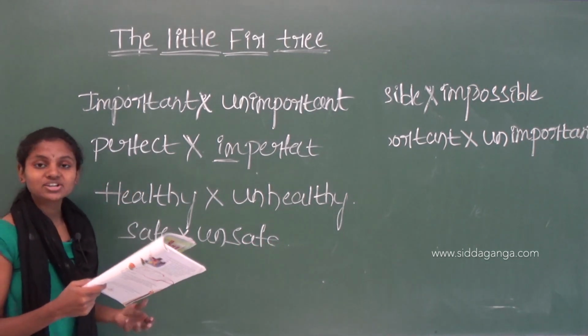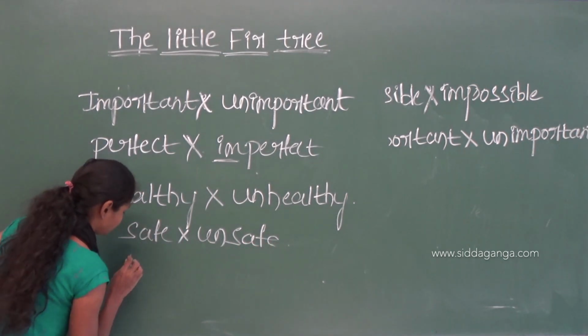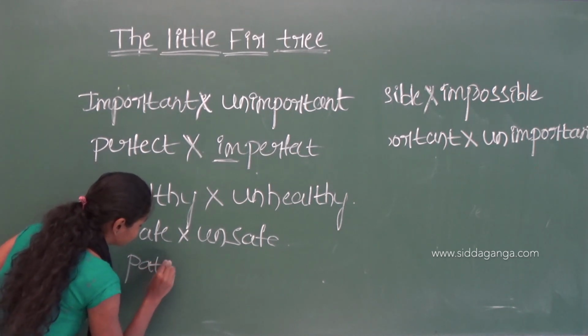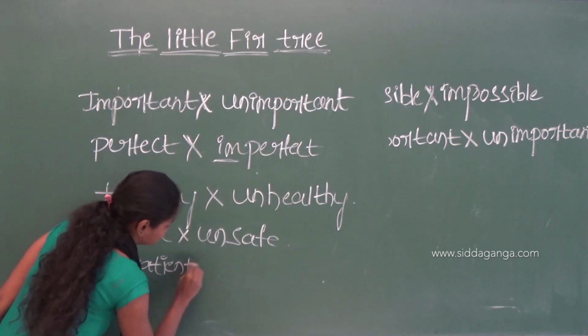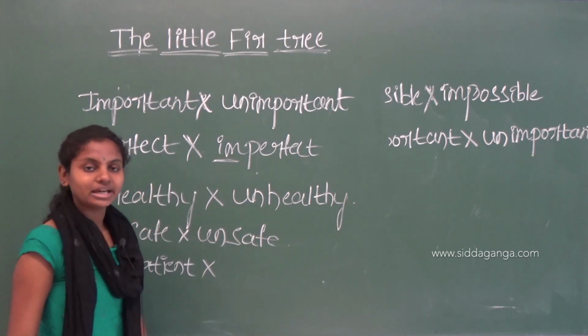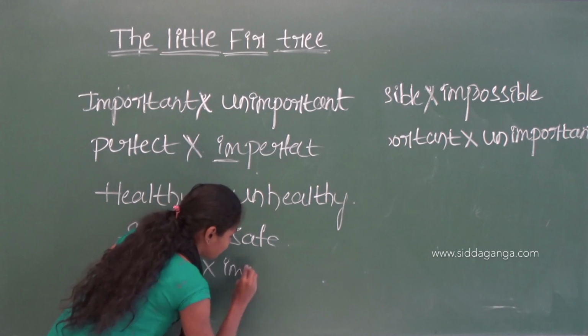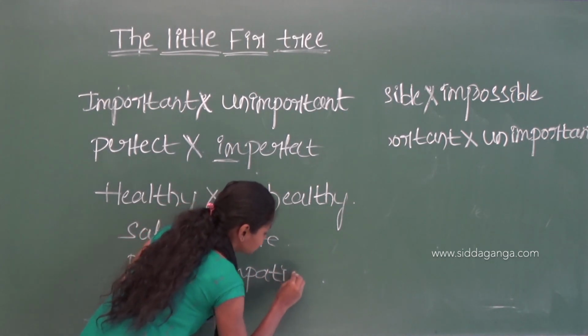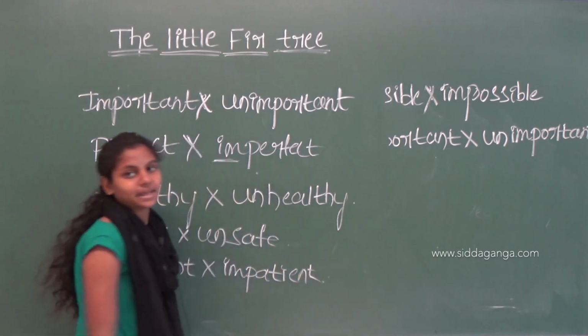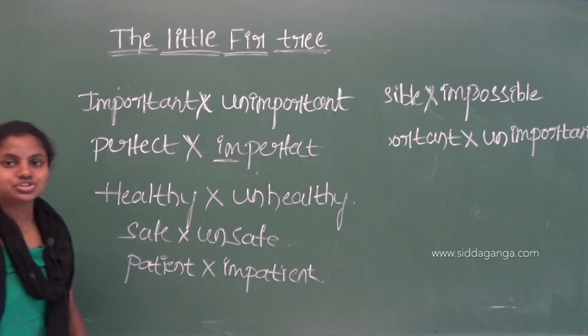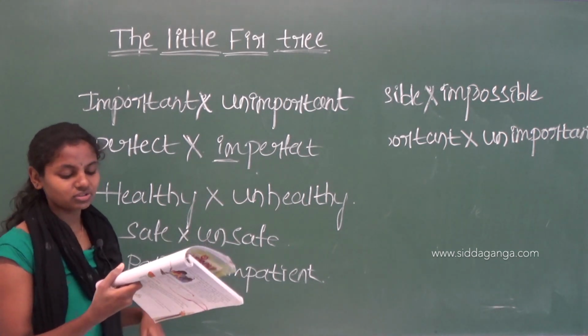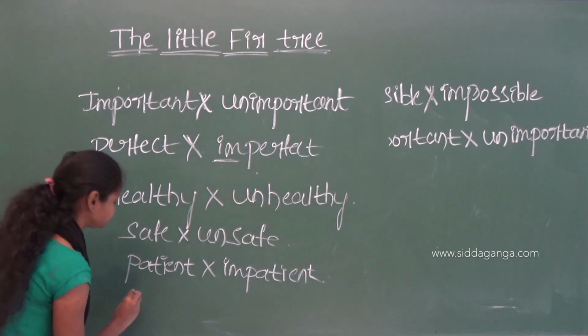And patient. What is the opposite word for the patient? Do you know? That is impatient. The opposite word for the patient is impatient. Understood? Next one. And the last one, that is pure.